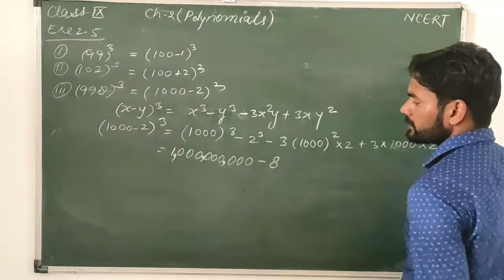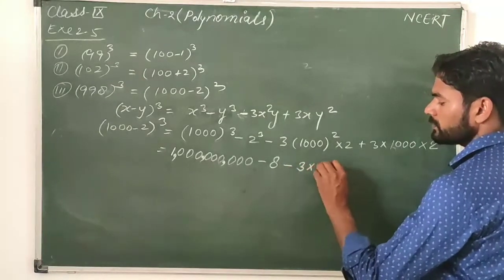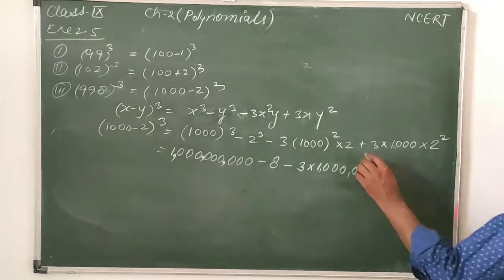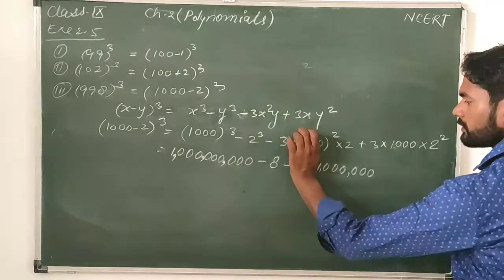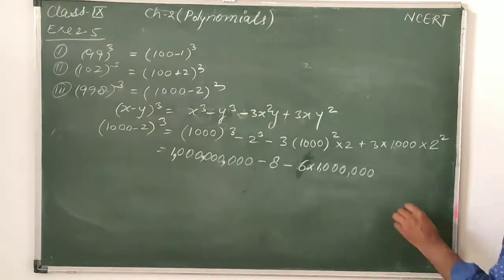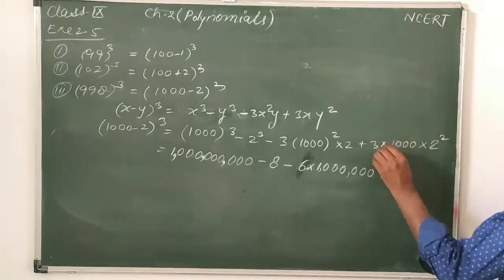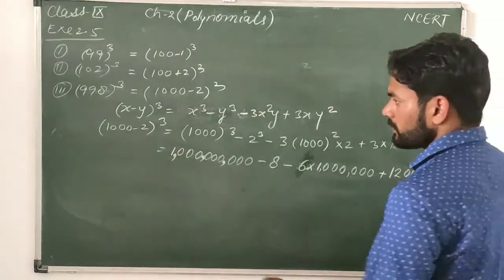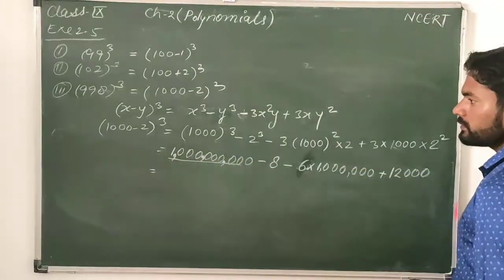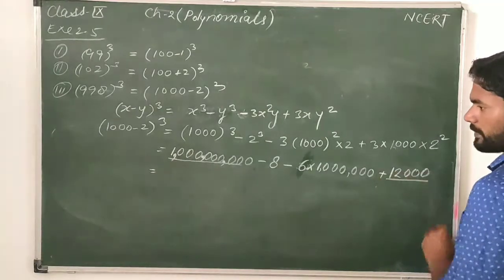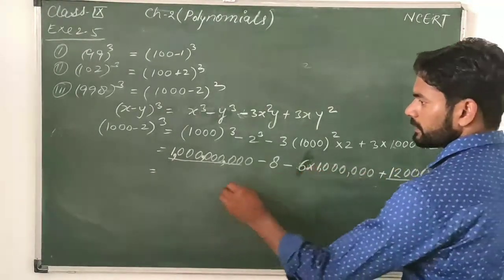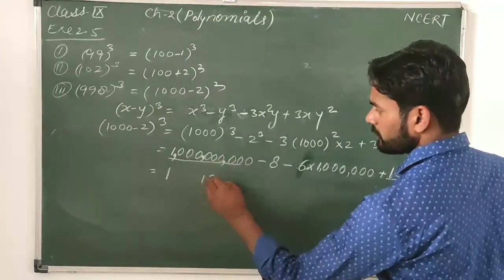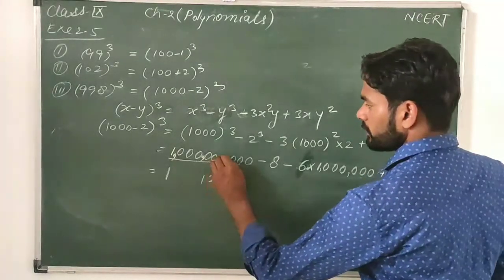Minus 8 minus 3 into 1 million, and 3 into 2 is 6, and then 3 fours are 12, it is 12,000. This one will be added; first subtract this, or just add. Let's see, how many threes here, then 1 2 1 2 0 0 0 and then 1 2, here 1 2 3 4.